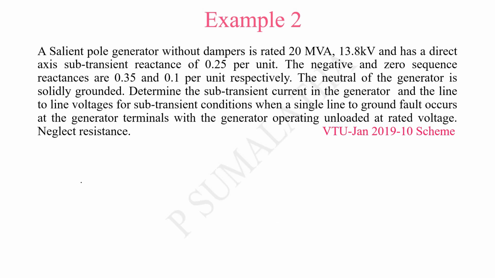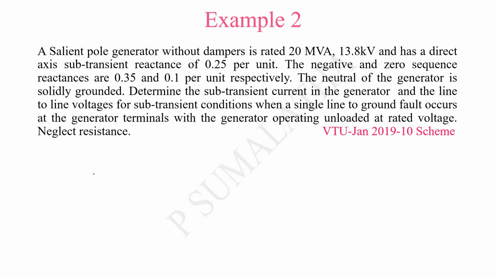A salient pole synchronous generator without dampers is rated 20 MVA, 13.8 kV and has a direct axis subtransient reactance of 0.25 per unit. The negative and zero sequence reactances are 0.35 and 0.1 per unit respectively. The neutral of the generator is solidly grounded.